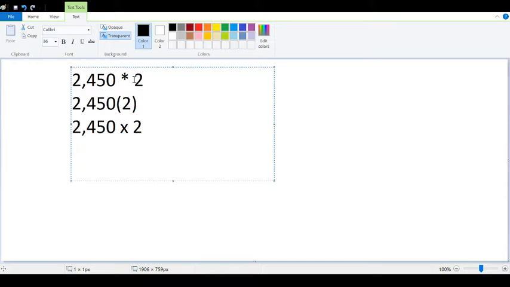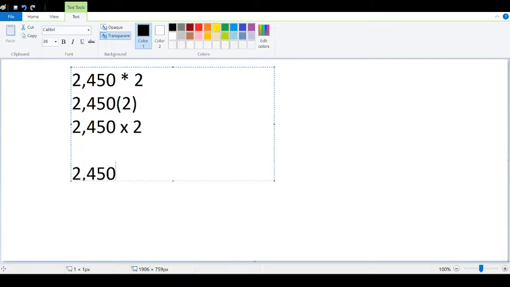right? That's the answer. But I had to go step by step, multiply each number individually, all that good stuff. Really, that's just addition, and I'm going to show you how. What you do is you take that first number, 2450. Now, the first number is not always going to be the biggest number.